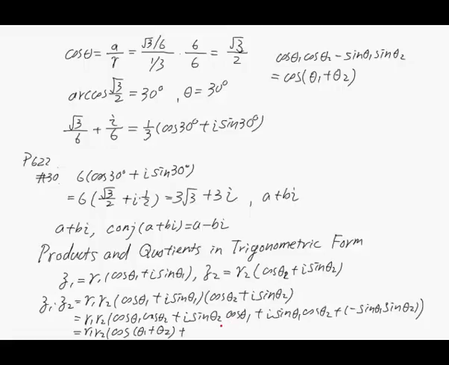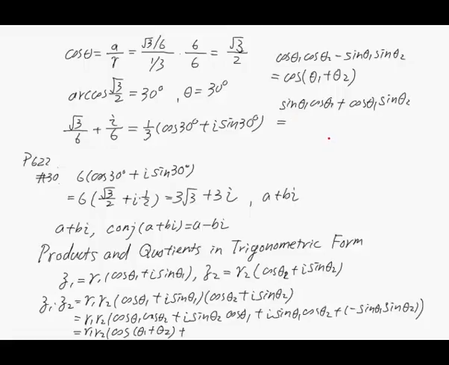Now let's look at this imaginary part. We have the sine theta 1 times cosine theta 2, and plus this sine theta 2 times cosine theta 1. Let me put this cosine theta 1 first, and then sine theta 2. Now what is this?